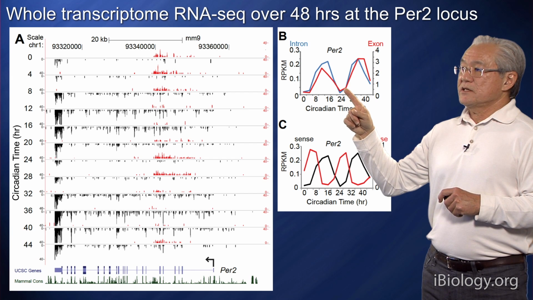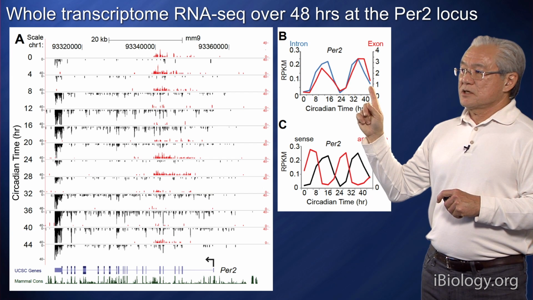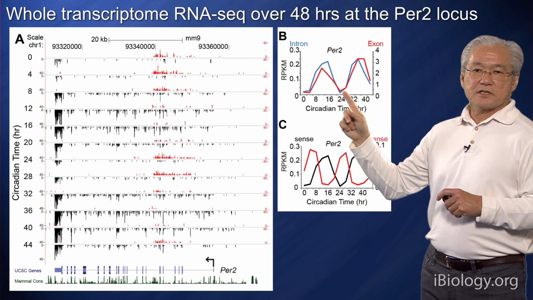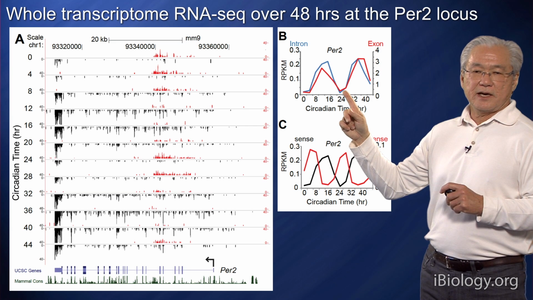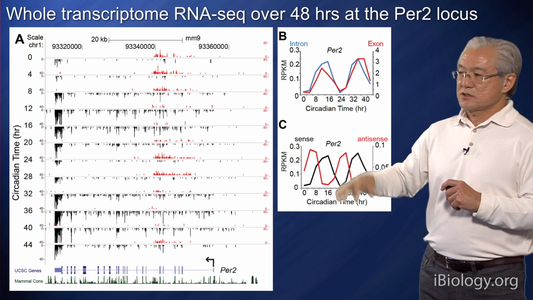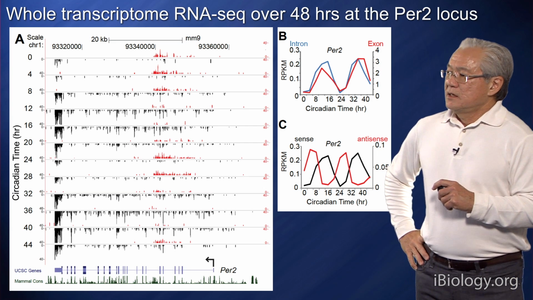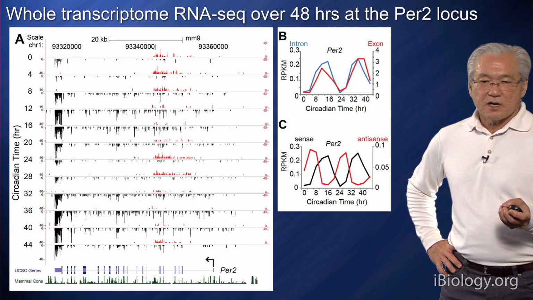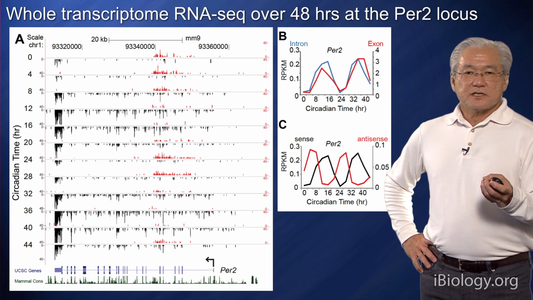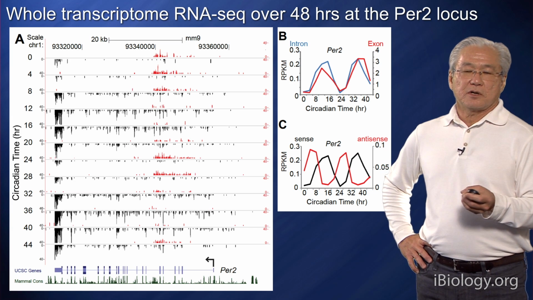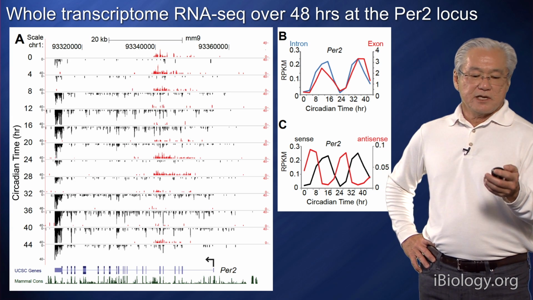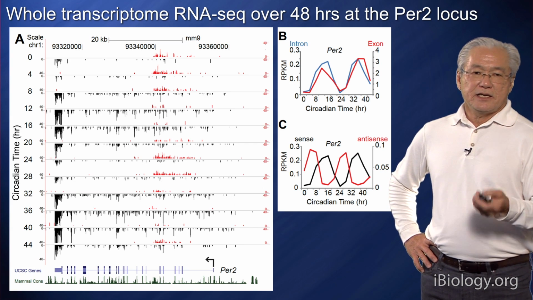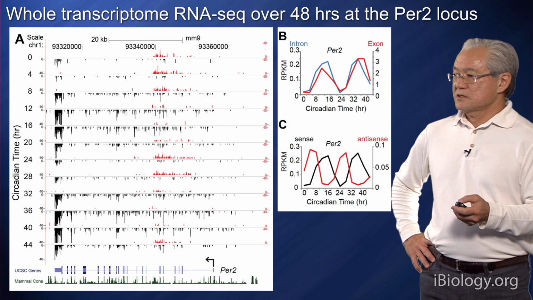They're both in phase, but the exon reads, of course, are higher. So in this case, for the Per2 gene, both the intron and the exon reads are cycling. Why would we want to do this? Well, the intron reads are a representation of pre-messenger RNA. And so they allow us to estimate nascent transcription in this case.